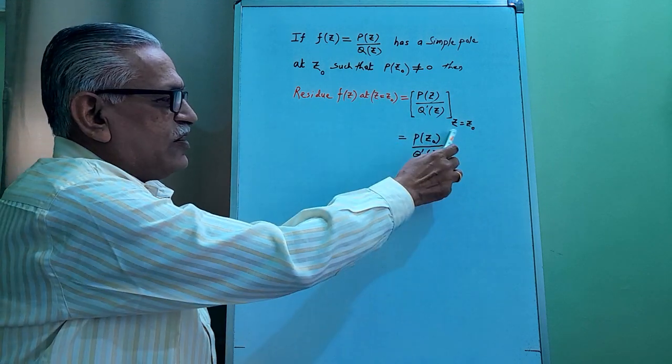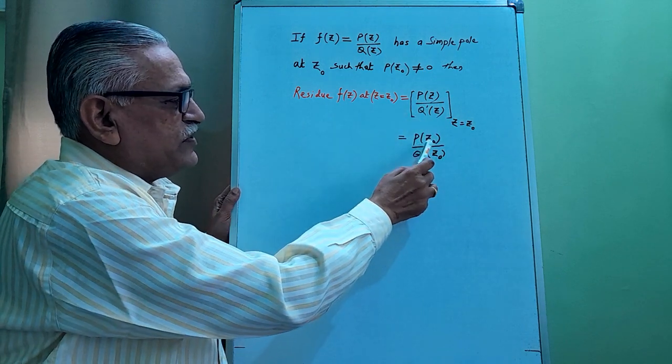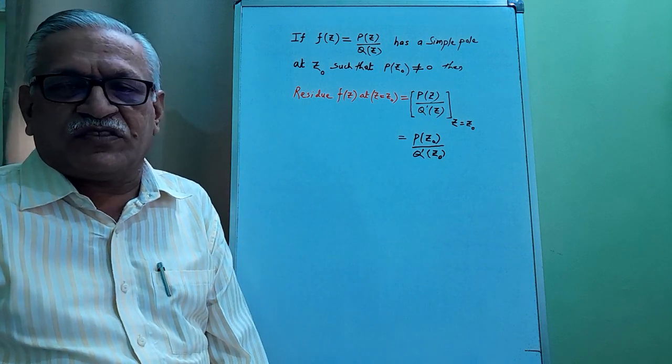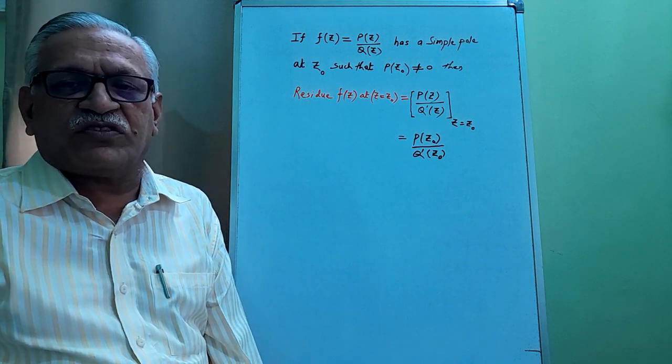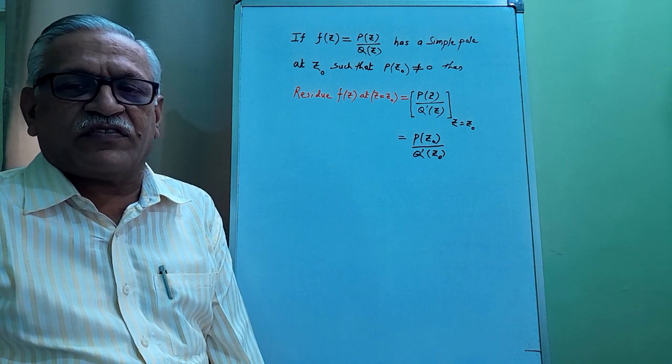Therefore, taking the limit as z tends to z0, we get p of z0 divided by q dash of z0. This is one important note, one technique to find the residue.